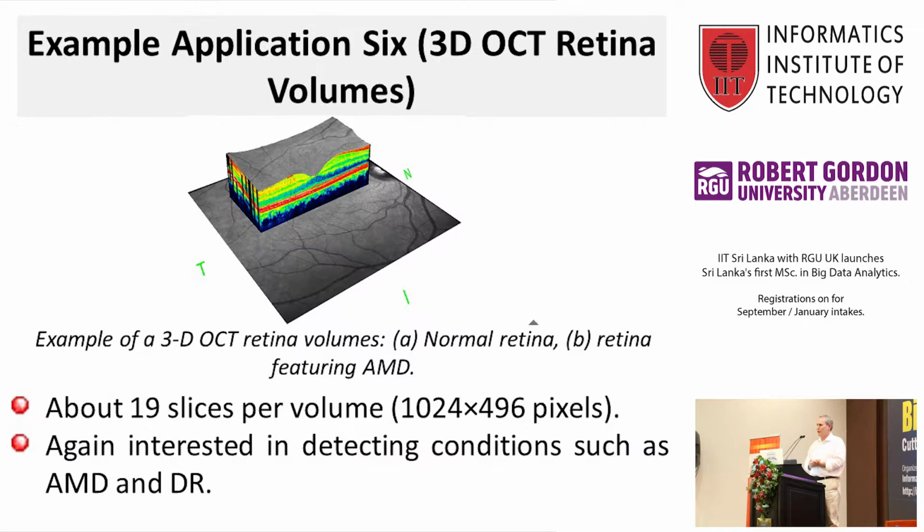Last one is the 3D OCT scan of a retina volume. So the earlier retina volumes we looked at, the 2D ones, the technology we have now allows us to take 3D volumes of retina images. The argument being that looking at something in 3D gives you a lot more information than 2D.